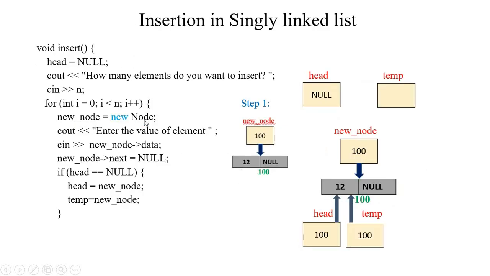So I'm creating a new node and saving its address into new_node, which is a user defined pointer variable. Look at this picture. I have created a new node, and the new node address is 100. So I'm saving 100 into this particular pointer.